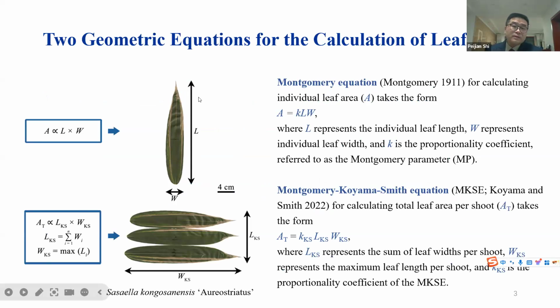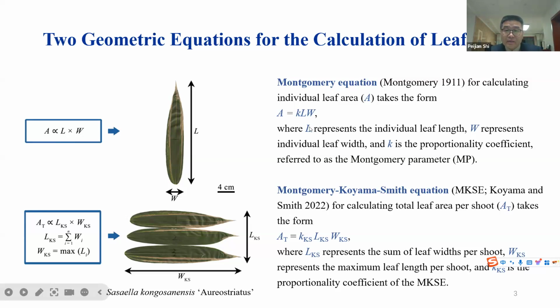This panel shows the Montgomery equation. Here A represents individual leaf area, which is assumed to be proportional to the product of leaf length and leaf width.